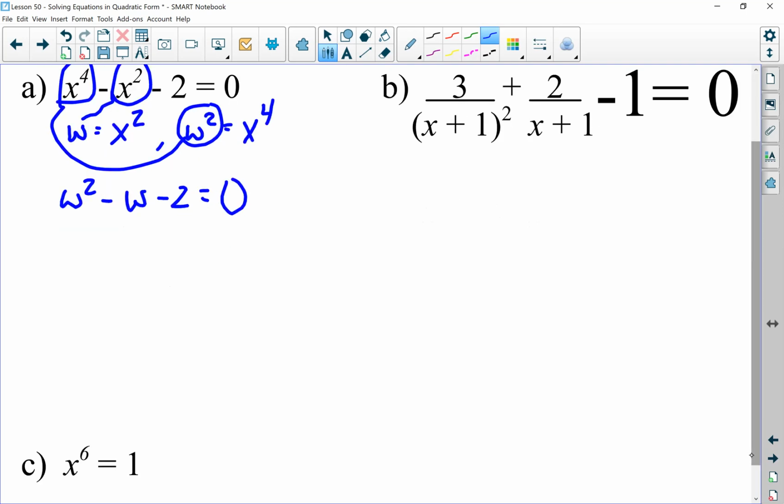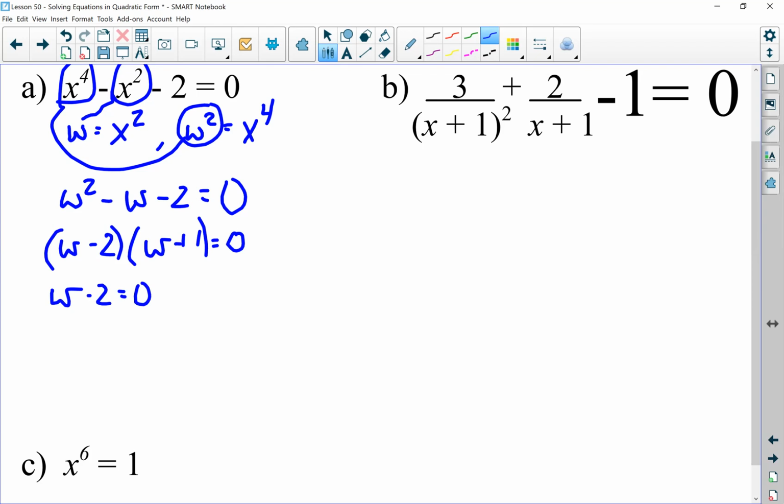And now, is that factorable? Can I factor? So factor into w minus 2, w plus 1, which means w minus 2 would equal 0, w plus 1 would equal 0.